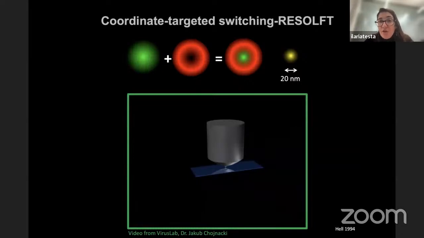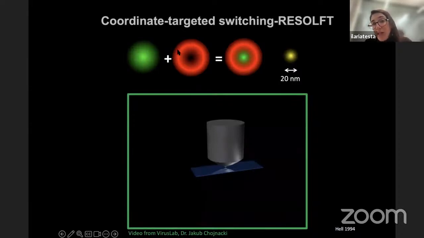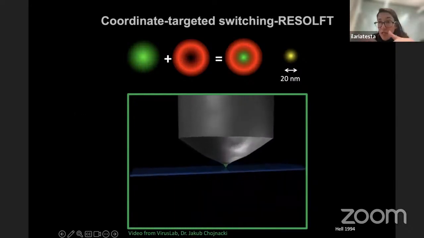So what is RESOLFT? RESOLFT, in a sense, is, as I said, an ensemble technique, also named coordinate-targeted switching type of microscopy technique. And the way it works practically, or in terms of optics, is very similar to STED microscopy. That means that you need to focus your light.